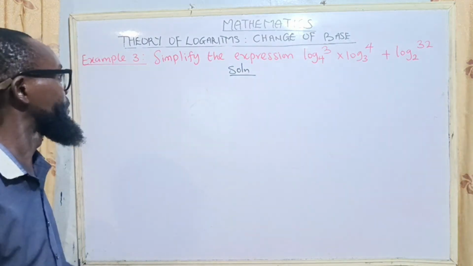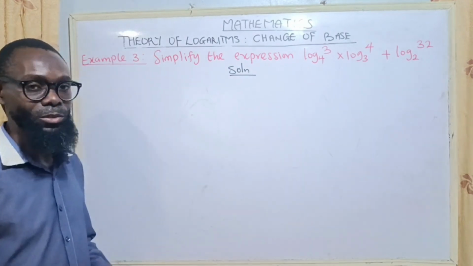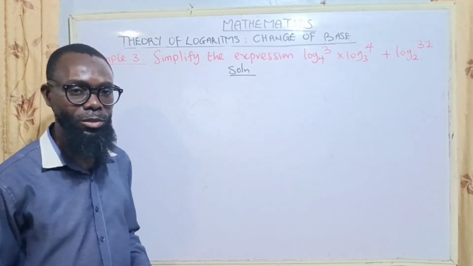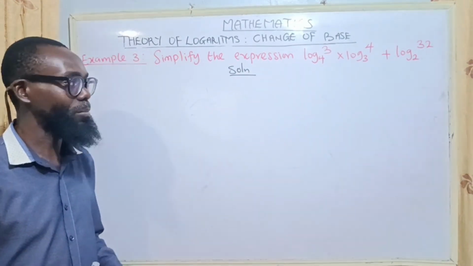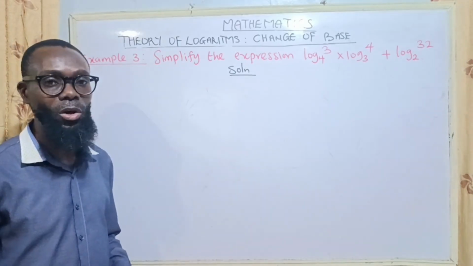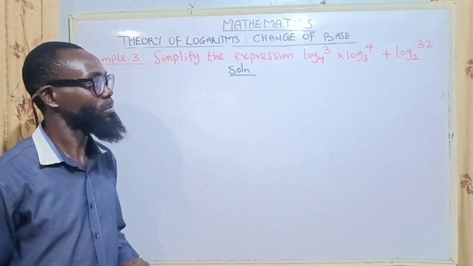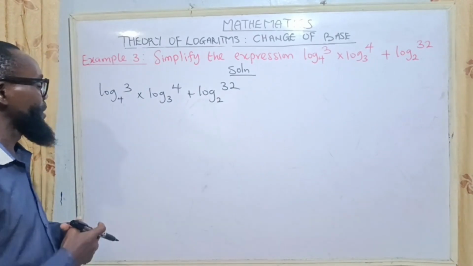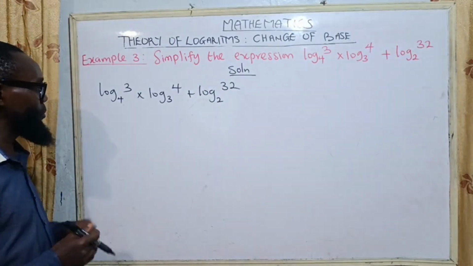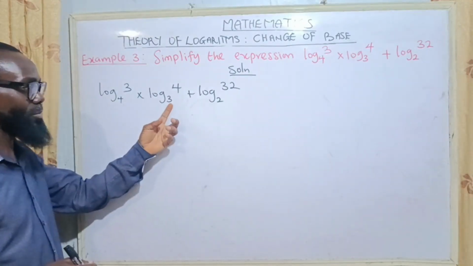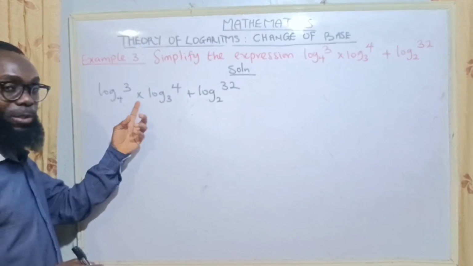Example 3. Simplify the expression log 3 base 4 times log 4 base 3 plus log 32 base 2. When we look at this, it's easier for me to express this one in this form because this is multiplication.